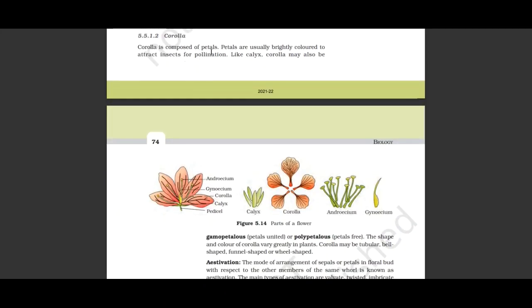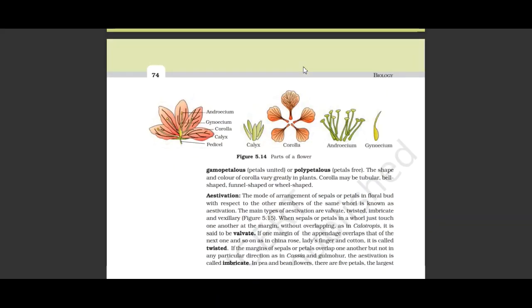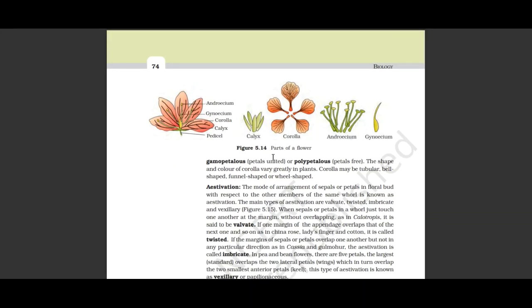Corolla. Corolla is composed of petals. Petals are usually brightly colored to attract insects for pollination. Like calyx, corolla may also be gamopetalous, petals united, or polypetalous, petals free. The shape and the color of corolla vary greatly in plants.